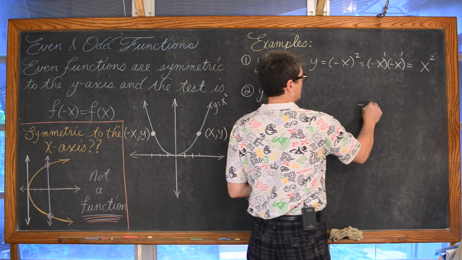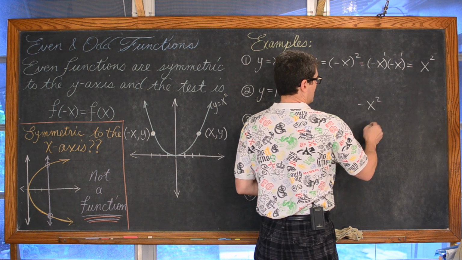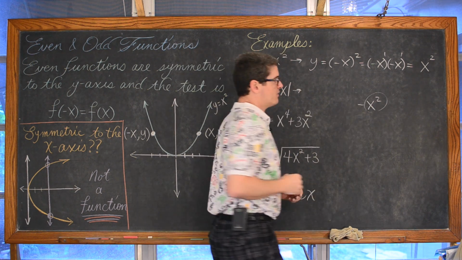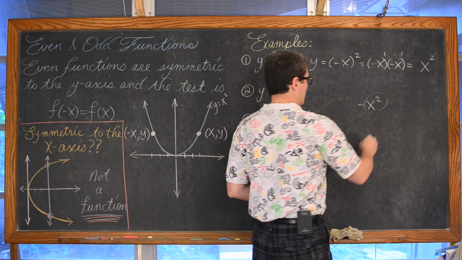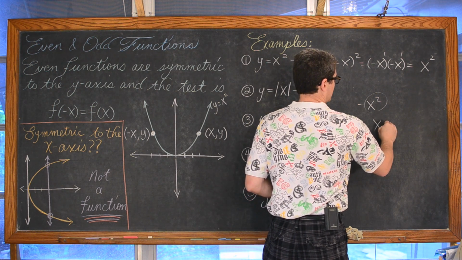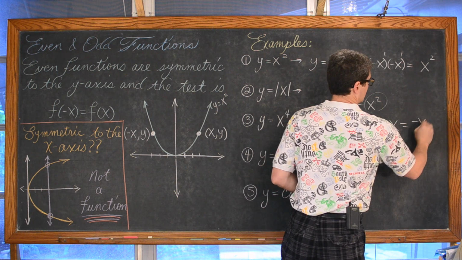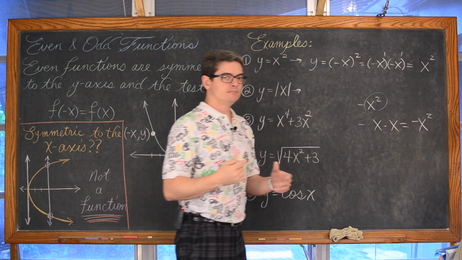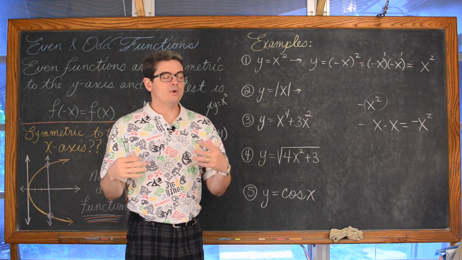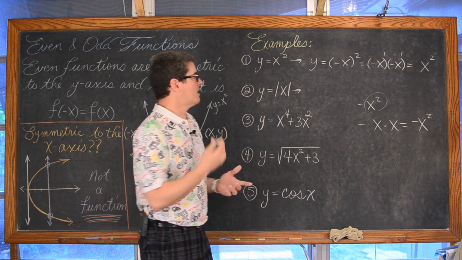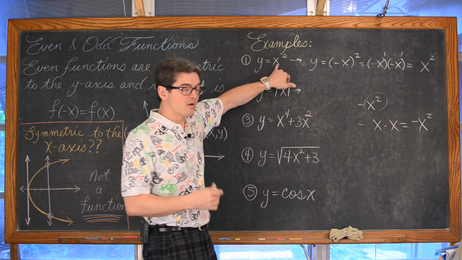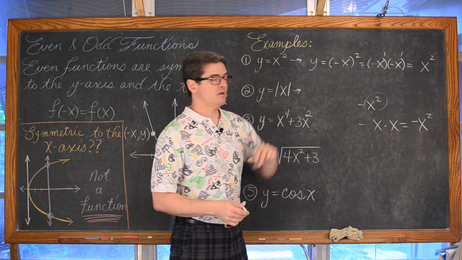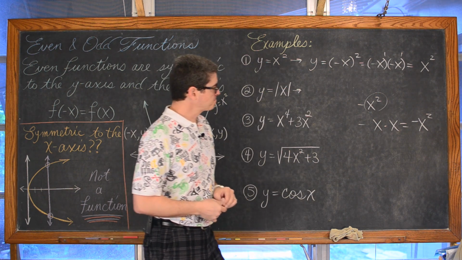Because if I had written negative x squared, the only thing that power of 2 is acting on without parentheses is the x, and that would be negative x times x, which is negative x squared. We can have functions that are even or not even, but in this particular case that is an incorrect answer, starting from here and substituting in the opposite of x.